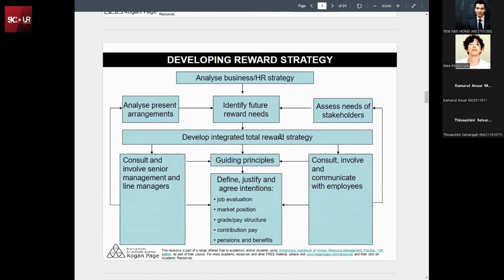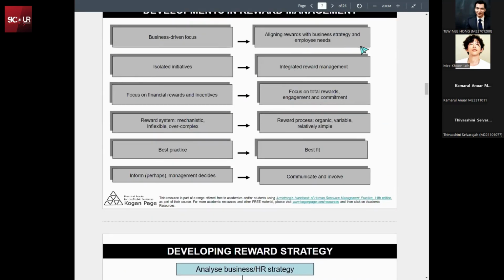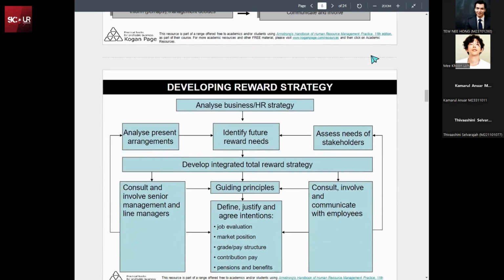We need to develop with the strategy. The first is, as we say here, analyze. We need to analyze business and HR strategy. Look back at what their focus is.